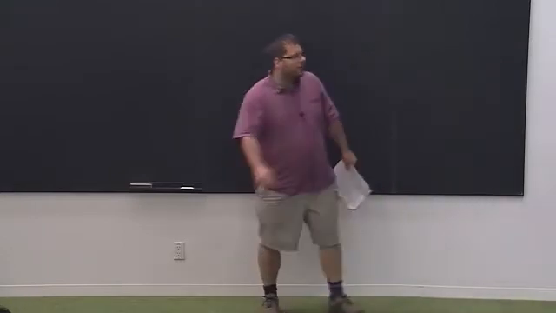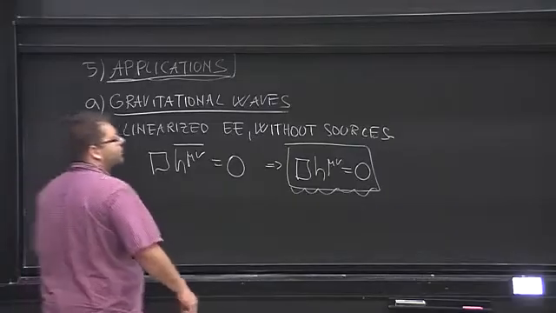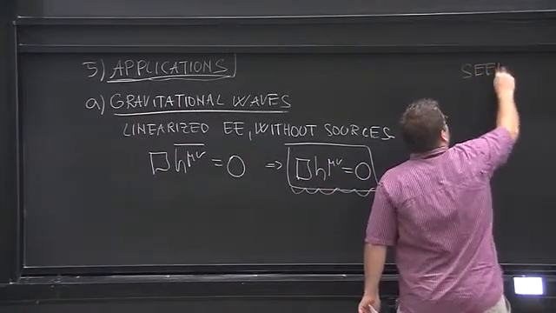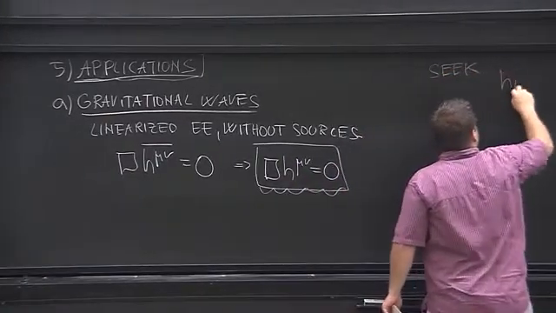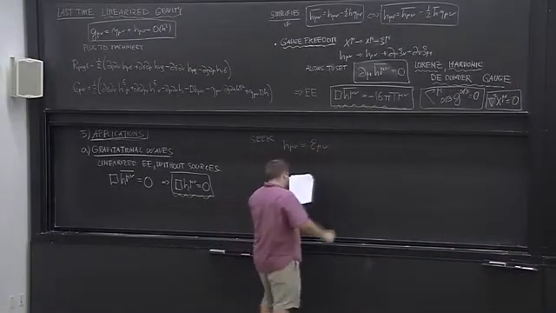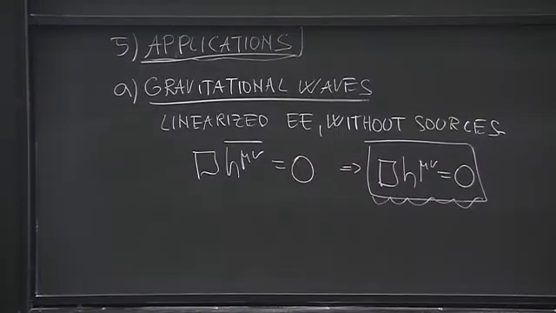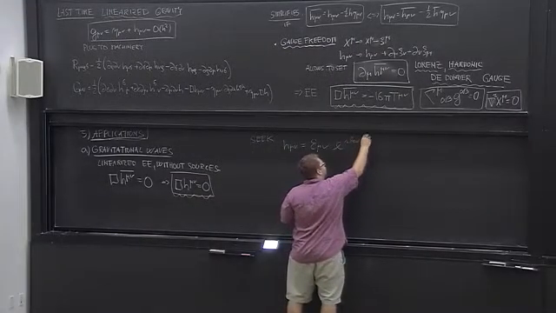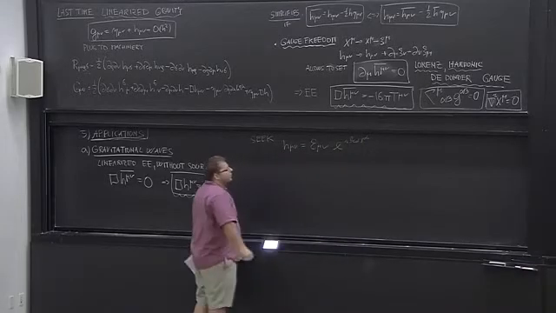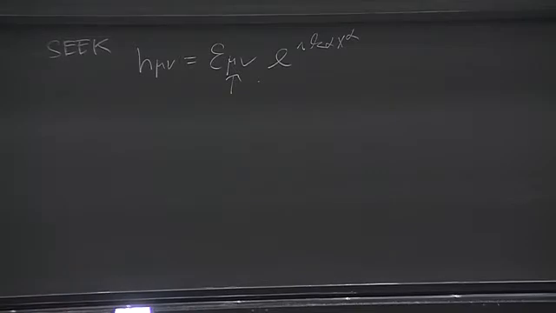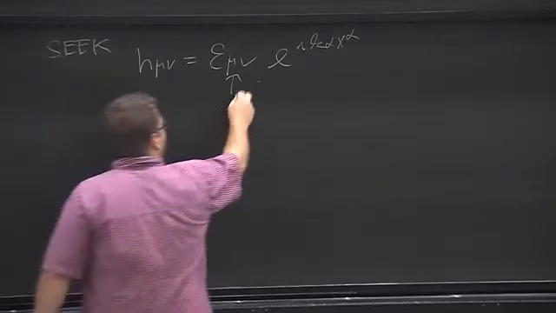And then we may seek a solution which is of the form of a gravitational wave. So seek a solution which can be written as h mu nu equals some constant epsilon mu nu, times e to the i k dot x, so k alpha x alpha, where this constant thing is called the polarization tensor.